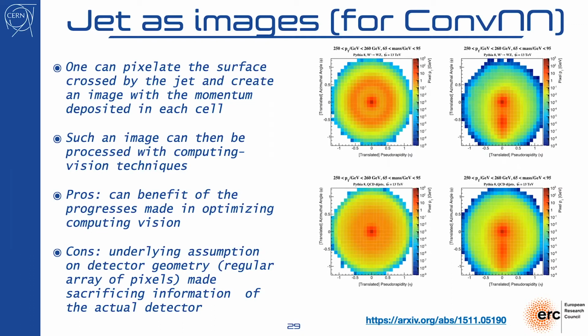And you see that, for instance, for QCD jets, on the left column, you have something which is centered at the origin and very symmetric. While in the other case, which are W's, I think, you get these two blobs which are overlapping. And so you see that the image is different. And this is the kind of behavior that you would like your network to understand. And this is what we're going to try to do.